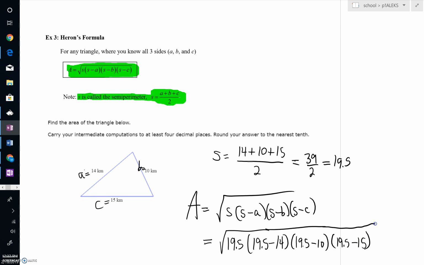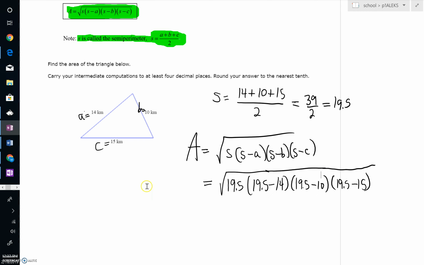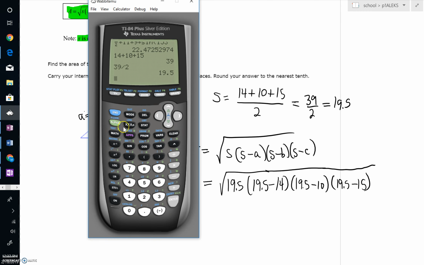You don't even have to do any subtracting. You could just let the calculator do all the work for you, thank goodness. So I'll get my square root out. I'll go 19.5 parentheses 19.5 minus 14. Close that, make a new parenthesis. 19.5 minus 10.